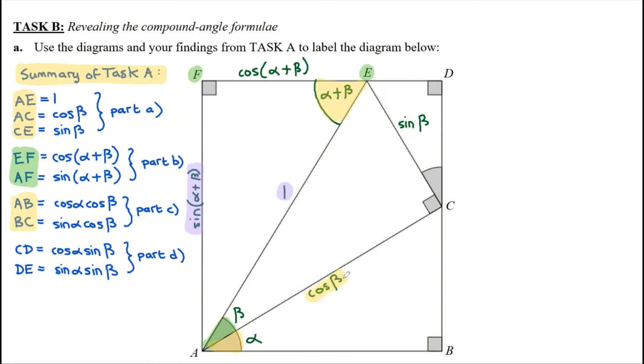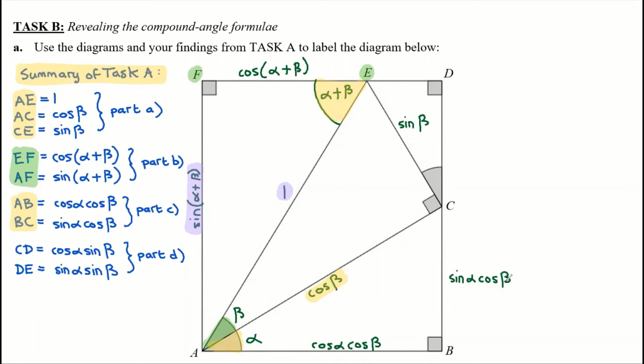So we can just write those on. We've got those sides already from the SOHCAHTOA work we did earlier. So I know that this side is going to be cos alpha cos beta. Okay, and the opposite side BC is sine alpha cos beta.